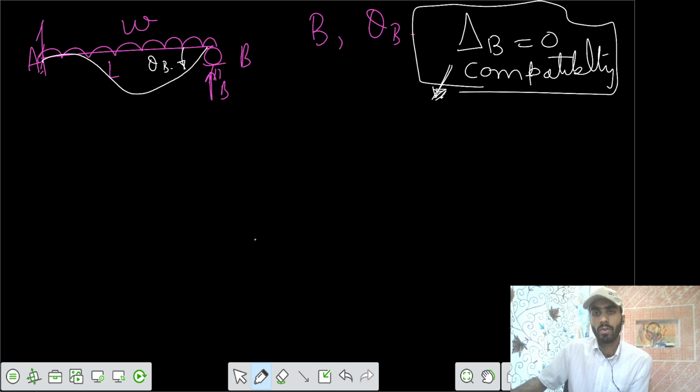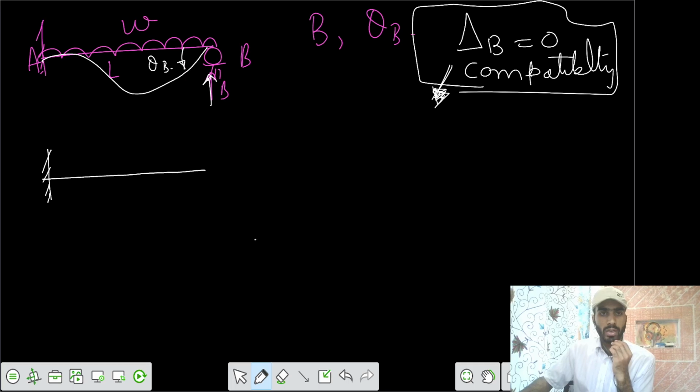So if you know the BMD, then the M by EI diagram, because of these two effects, one is your reaction and one is your UDL. If you know the area between the two, then get the centroid and equate that to 0, because your delta at B should be 0. Then we can get the reaction B. Let's make them primary beams or determinate beams.